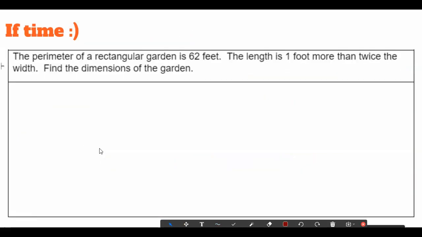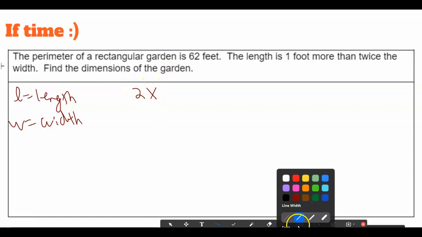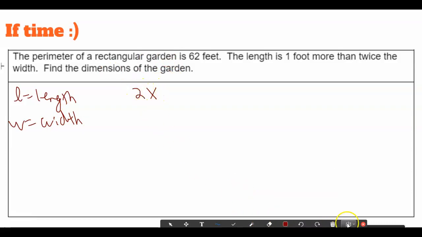This is the last one. The perimeter of a rectangle is 62 feet. The length is 1 foot more than twice the width. So I was going to equal my length, I was going to get my width. I know that if I think of a garden, if it's helpful for you to draw a picture, you have length, length, width, width, or you can do it the other way.